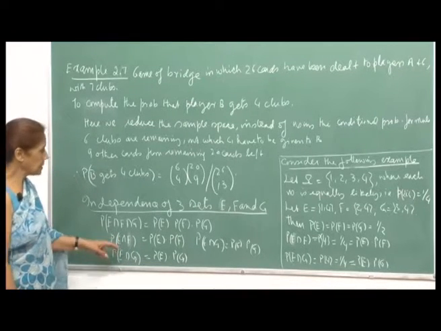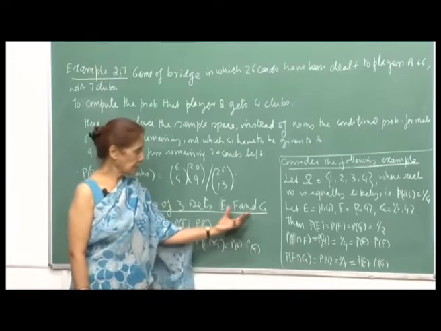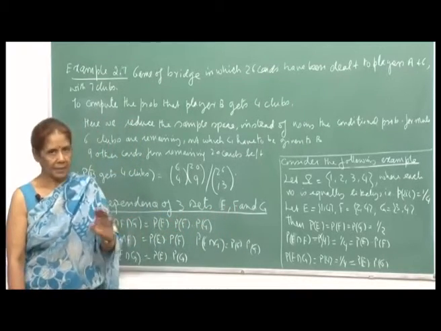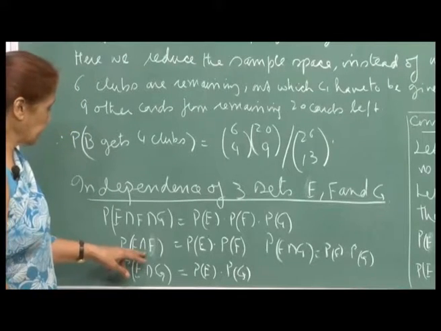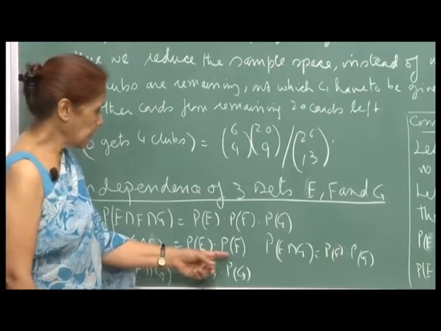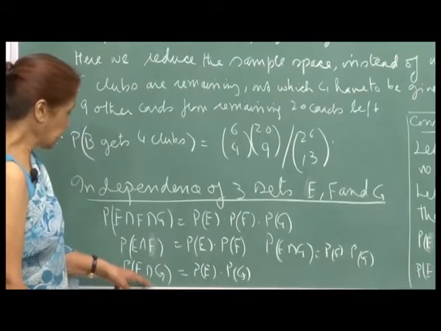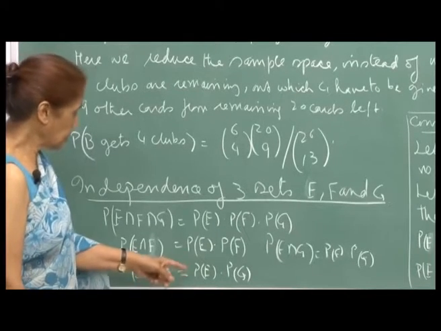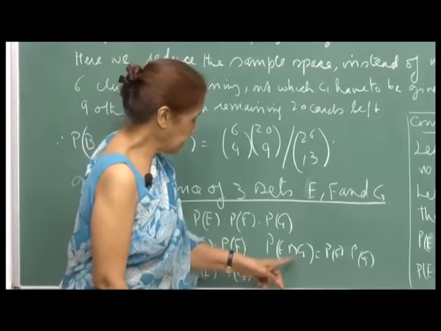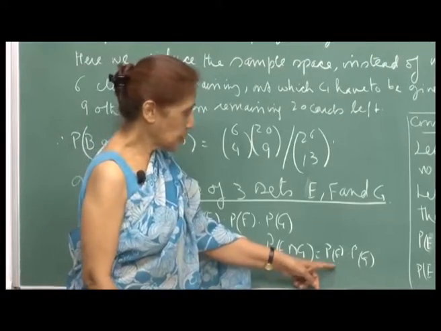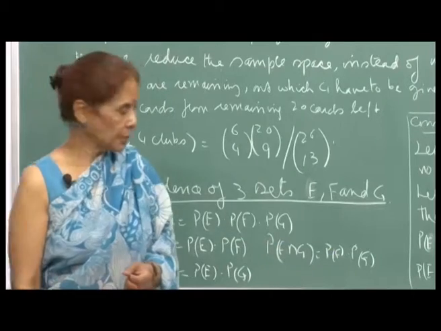That means pairwise, if we choose any 2 sets, they are independent. That means probability of E intersection F is P E into P F, probability of E intersection G is P E into P G, and similarly probability of F intersection G is P F into P G.